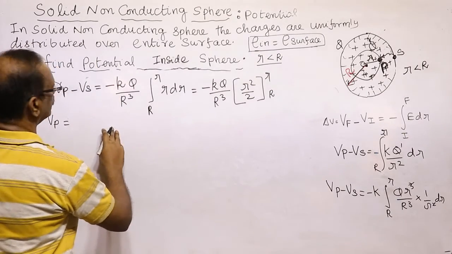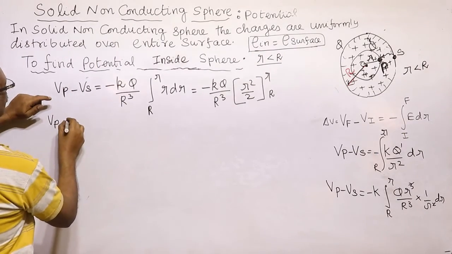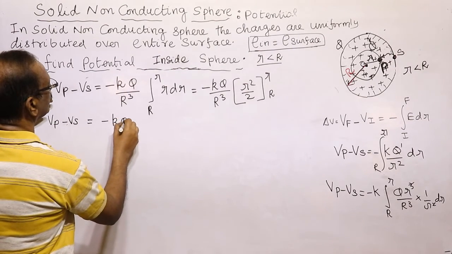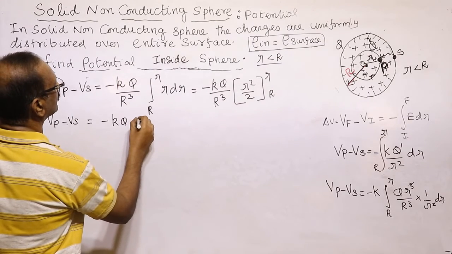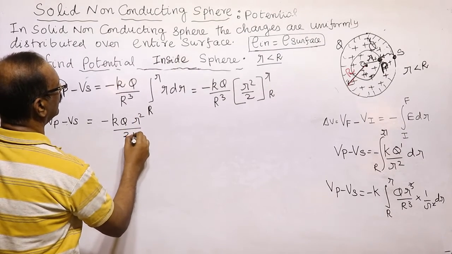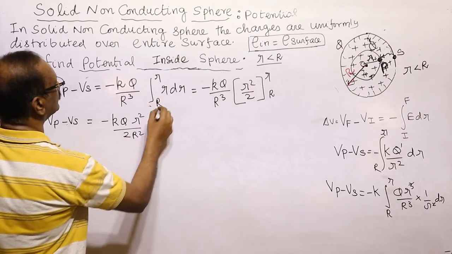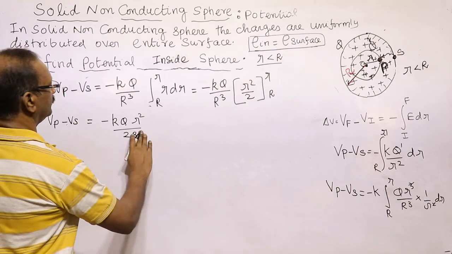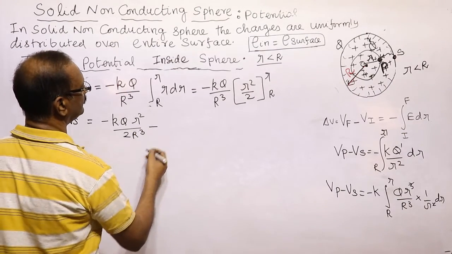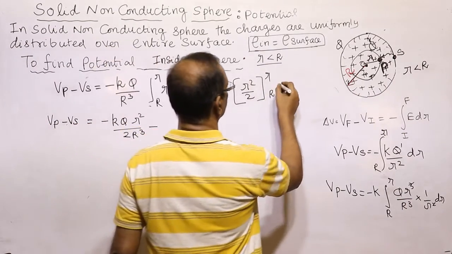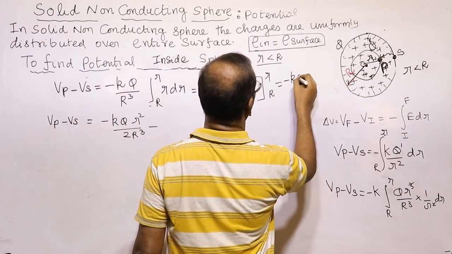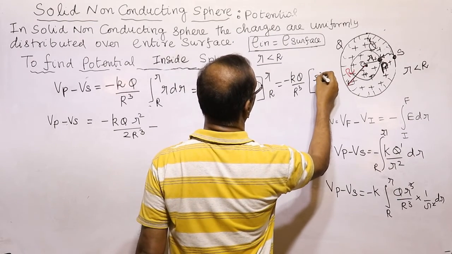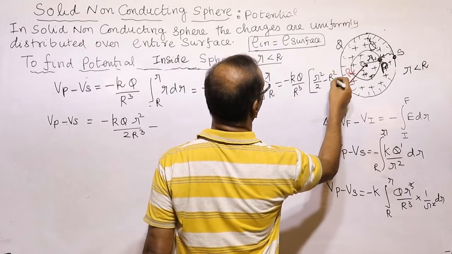So Vp minus Vs is equal to minus k q by r cube into, we have to apply the limit, top limit r square by 2 minus r square by 2.